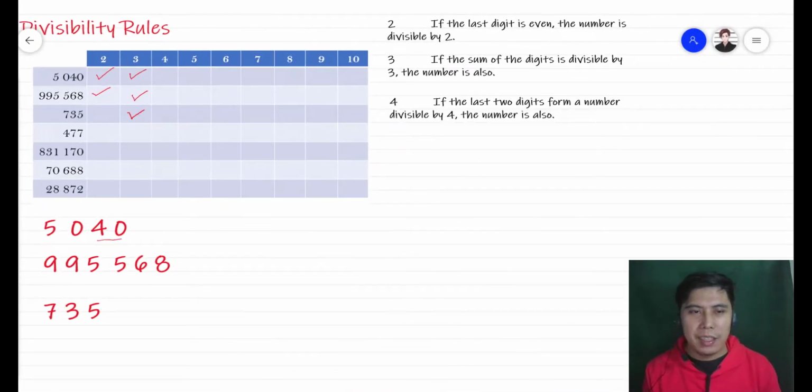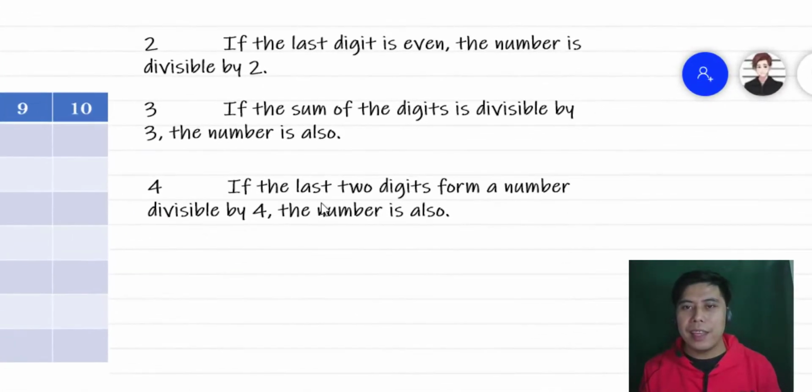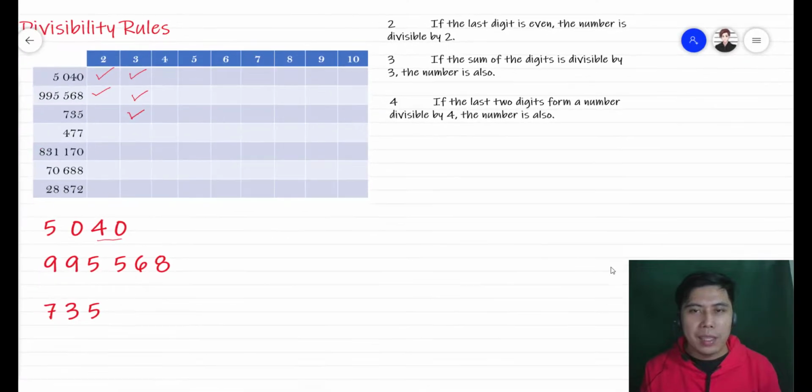What is the divisibility rule for 4? The rule says if the last two digits form a number divisible by 4, then we can say that the number is also divisible by 4. It means that no matter how large the number is, we just have to pay attention to the last two digits of that number.